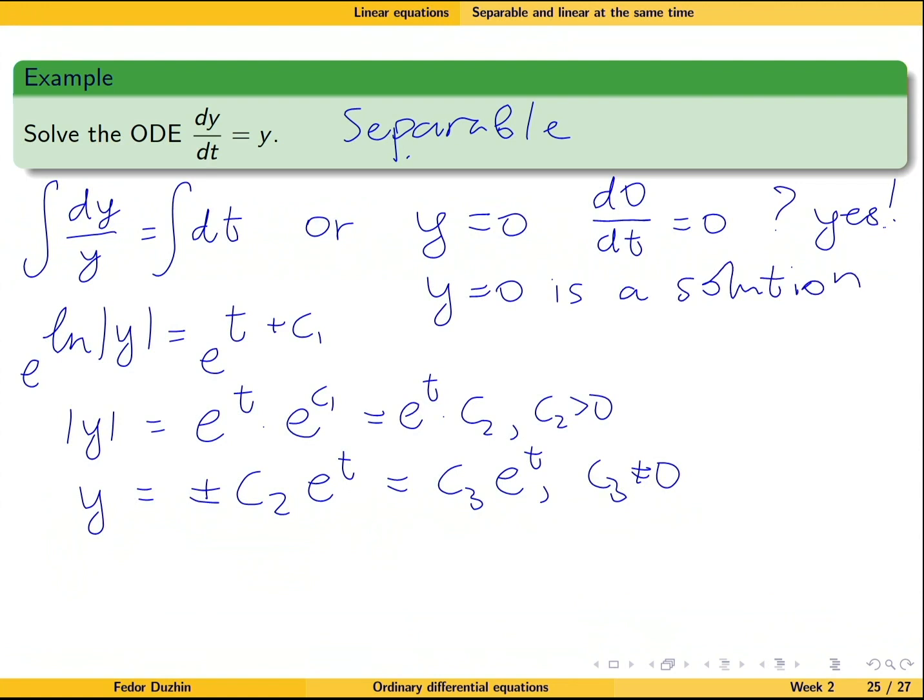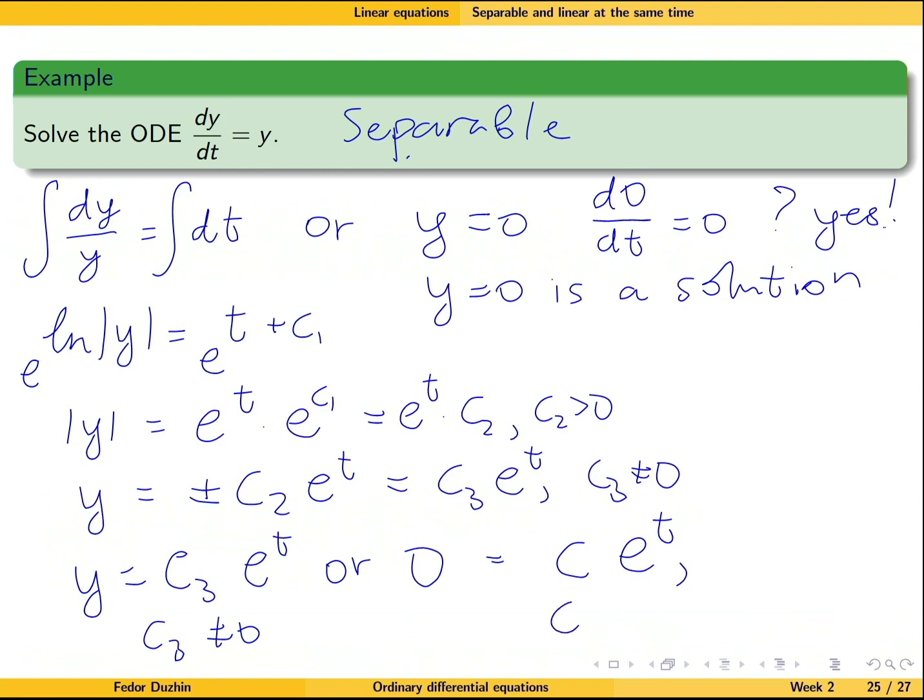So in other words, what we get is that y equals c3 times e to the t, where c3 is any non-zero constant, or 0. But notice that this can be just written in the compact form c times e to the t, where c is any constant.